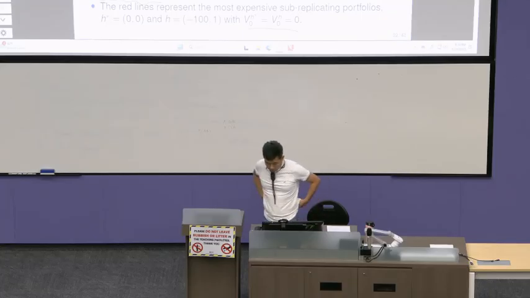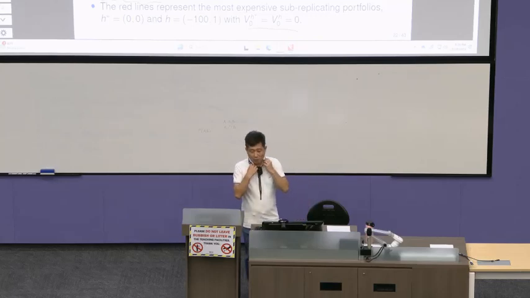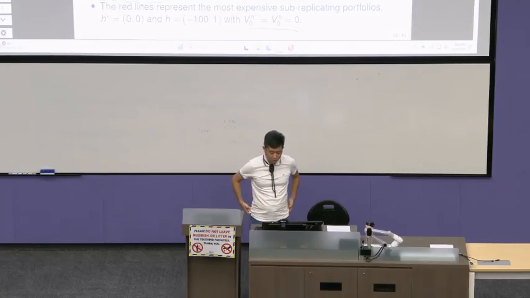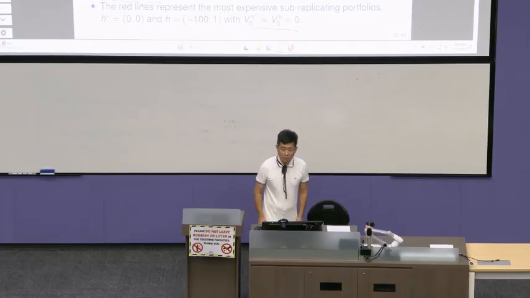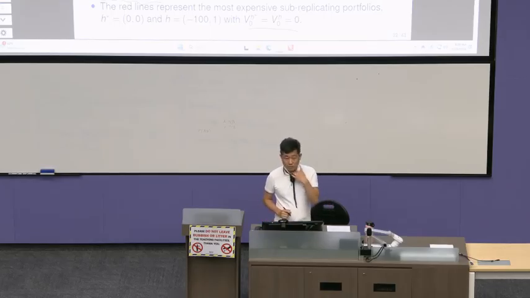Okay, let's get started. I got a lot of questions about this graph, so I'll explain a little bit more. Let's go back to this trinomial model, this payoff chart.